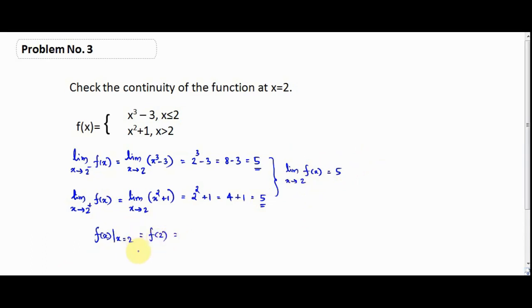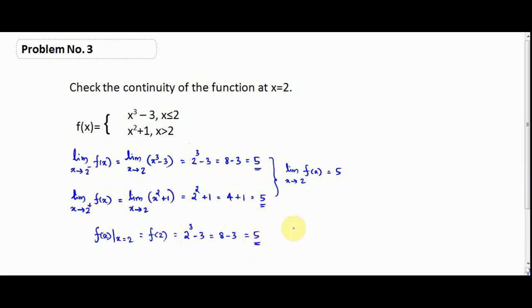When you substitute x equal to 2 in the expression of f of x, for x equal to 2, f of x is defined as x cube minus 3. So f of 2 will be equal to 2 raised to 3 minus 3. So that is 8 minus 3 and we get the value as 5.